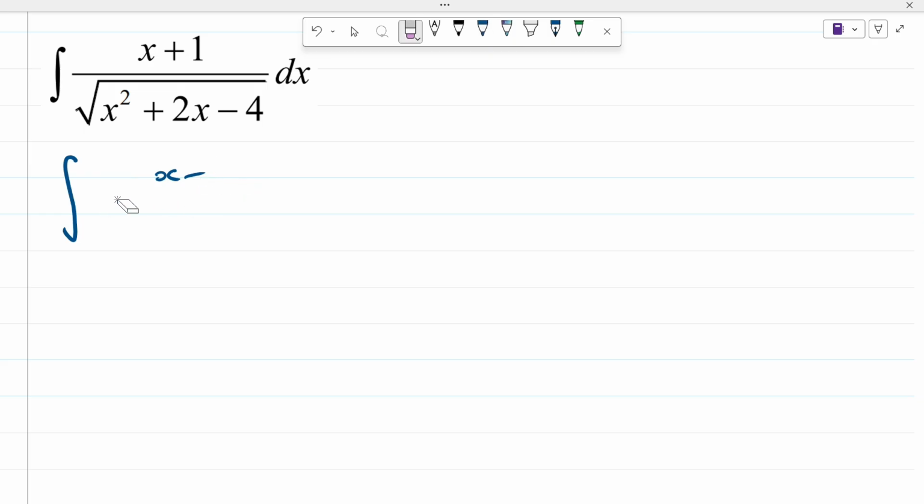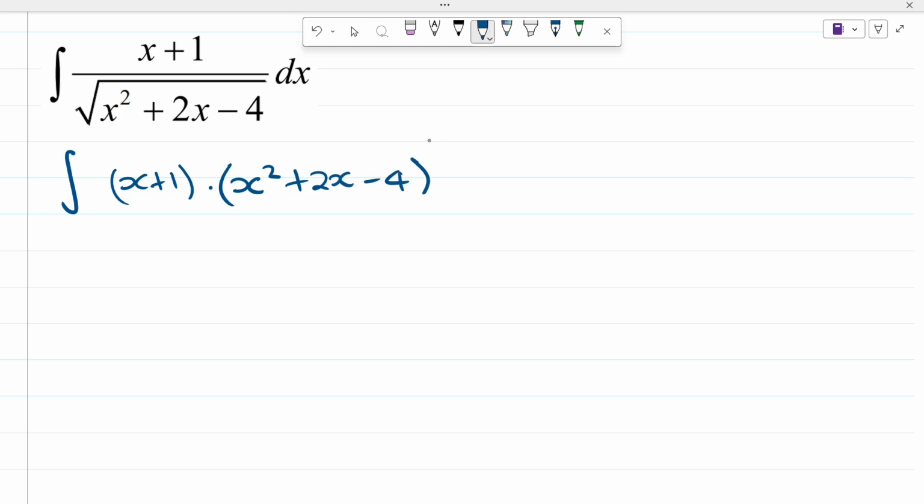All right, before that, guys, let's first start by rewriting our thing. So we have x plus 1 multiplied by x squared plus 2x minus 4 to the power of negative half dx.